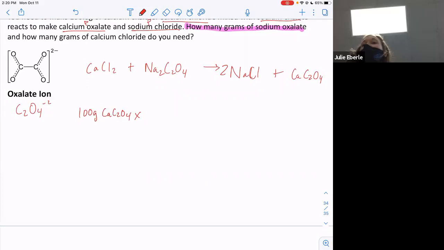All right, so calcium is 40.078. So I'm trying to find the molar mass of calcium oxalate. Carbon is going to be 2 times the 12.011. Oxygen is going to be 4 times 16. 128 point what?